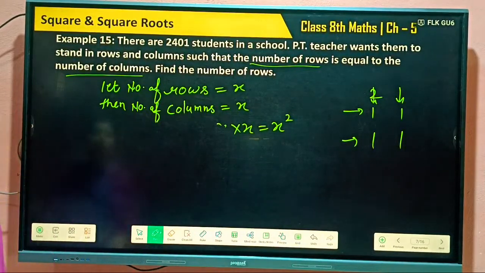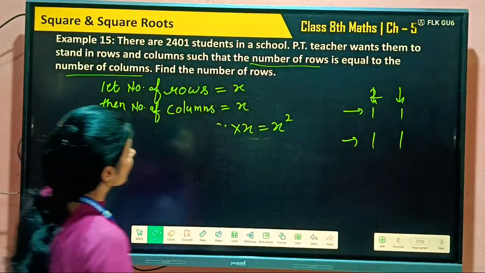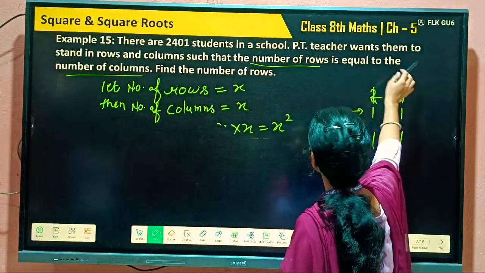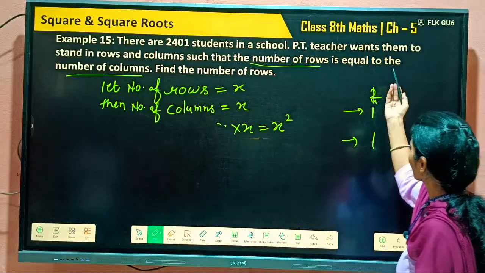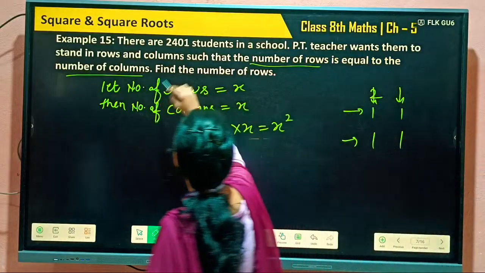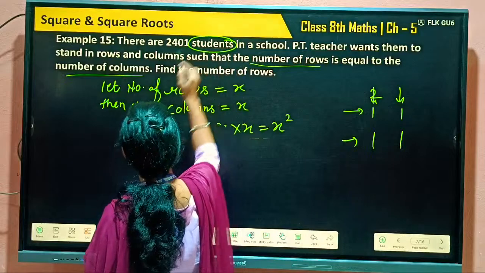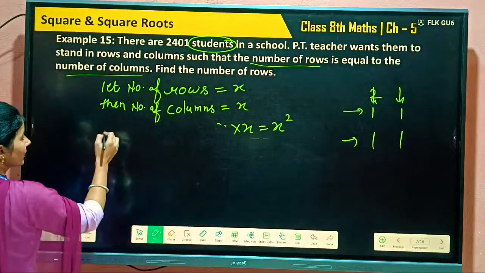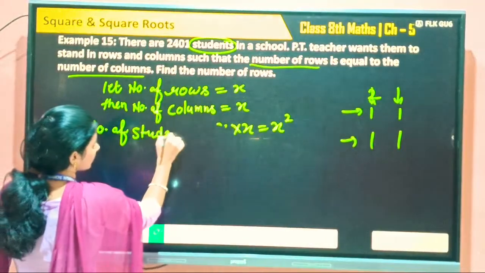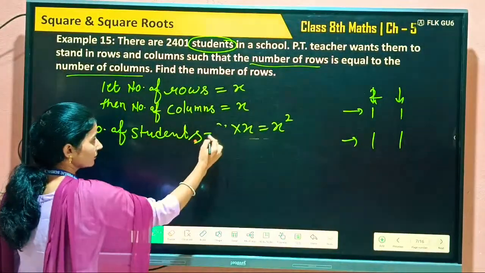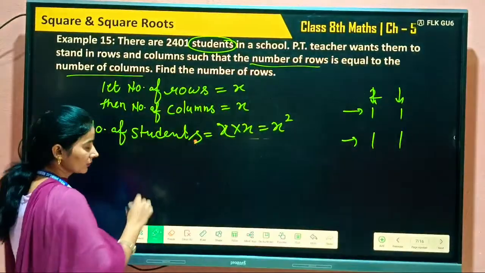Again read the statement. The PT teacher wants them to stand in rows and columns such that the number of rows equals the number of columns. These are students only. Yes, the question was right. The number of students will be x into x.